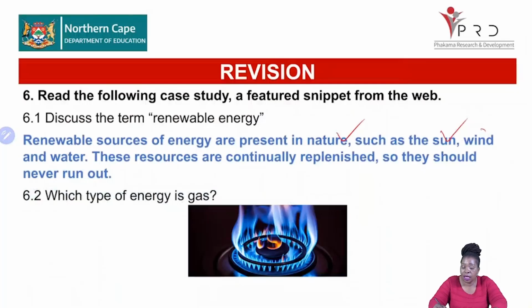We have got wind energy, and we've got water, which is called hydropower or hydroelectricity. And then these resources are continually replenished, so they should not run out. Replenishing meaning they are renewable. We use them over and over again, right?